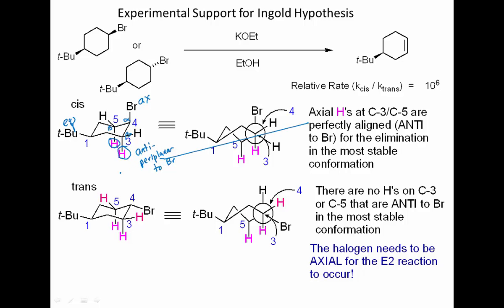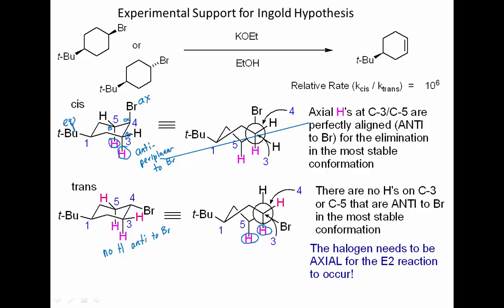Okay, the trans is probably a more stable compound because both the bromine and the t-butyl can be equatorial, but what does it mean as far as the elimination reaction goes? Well, if you look at C3 and C5, these hydrogens are actually gauche to bromine. They're not anti. So there is no hydrogen anti to bromine.